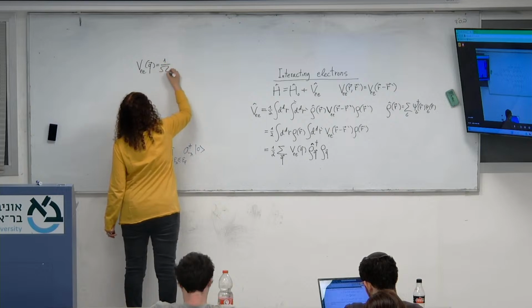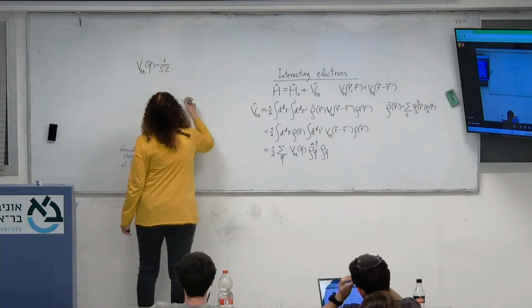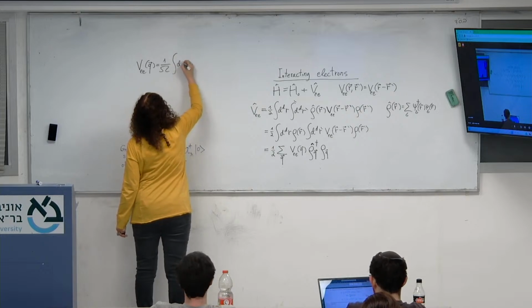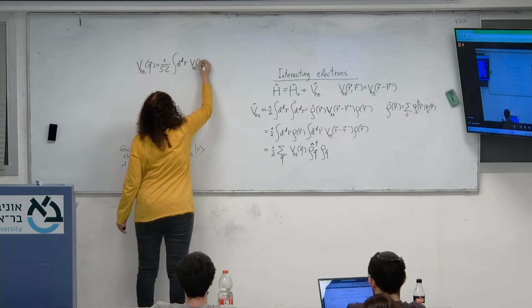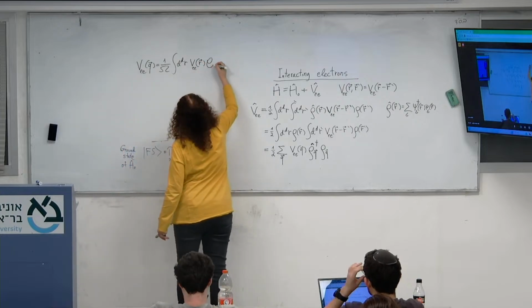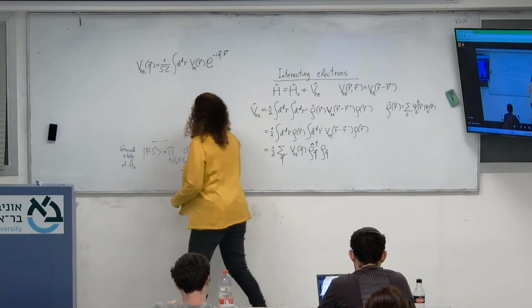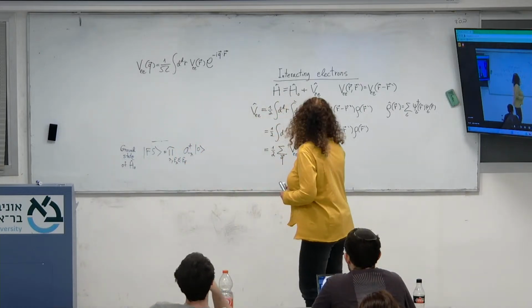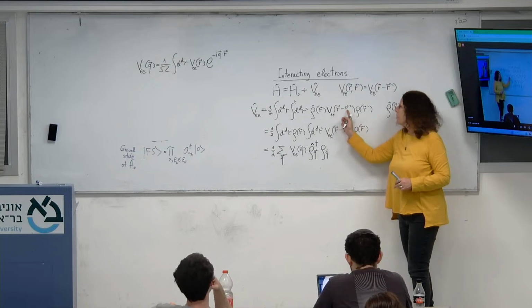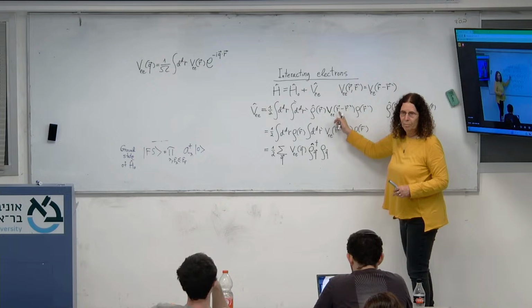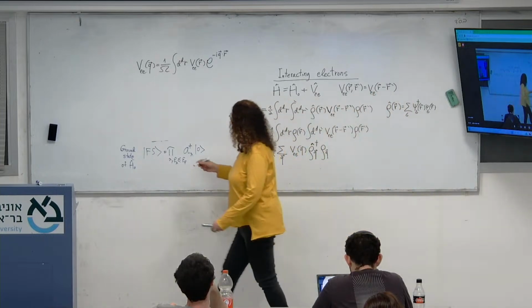It's a matter of definition, but let's introduce a normalization factor of 1 over volume for the Fourier transform of V of R. Just a Fourier transform of V of R, where, remember, in this expression I have a V of the difference, R minus R prime, but it's really a function of a single variable.